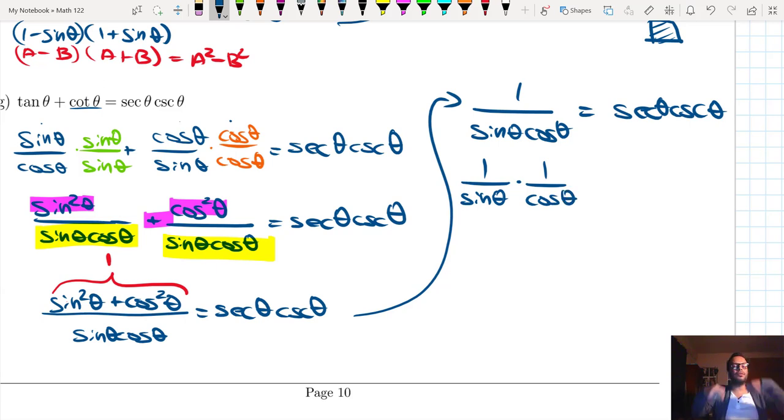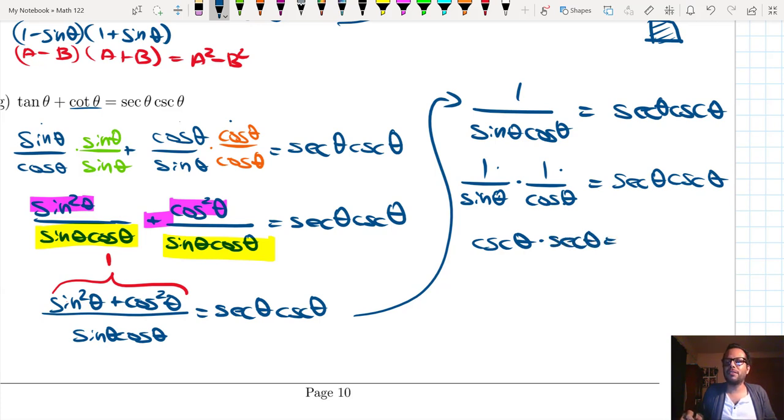Maybe you can do the final step right away, but ultimately what we're doing is breaking it up into two different factors to write their corresponding identity. And what is 1 over sine? Isn't that cosecant? And 1 over cosine is secant, which is the same as secant cosecant, just written in the reverse order.